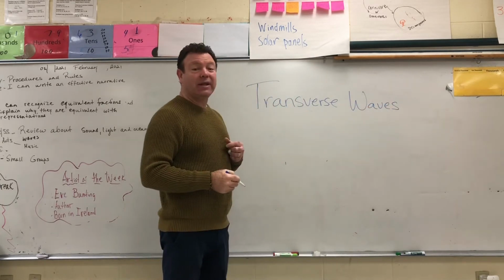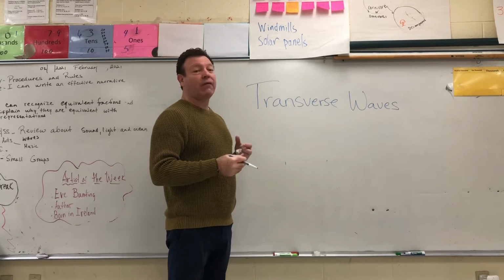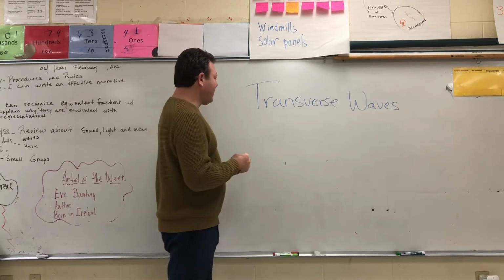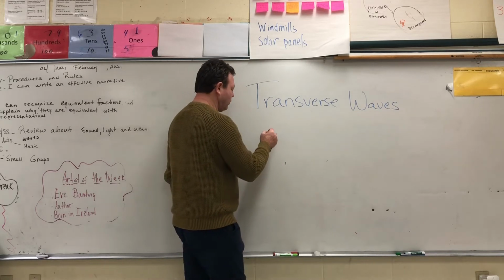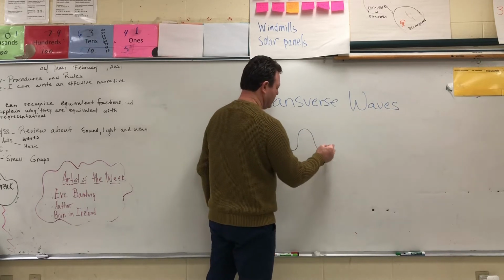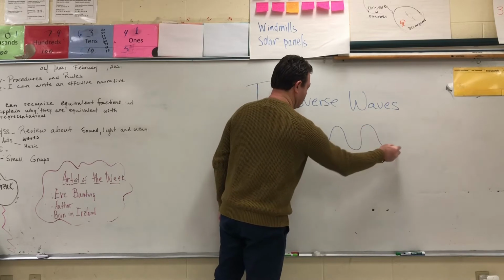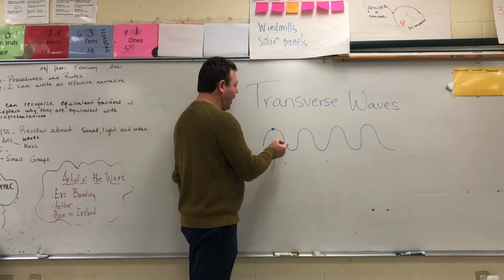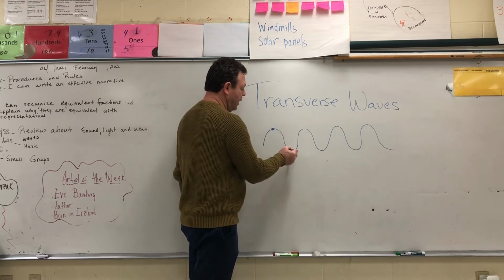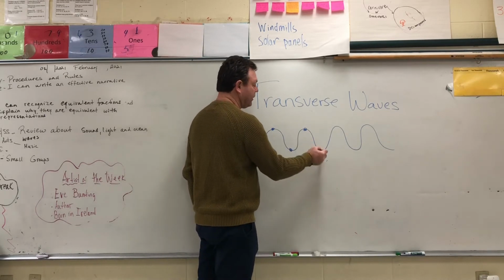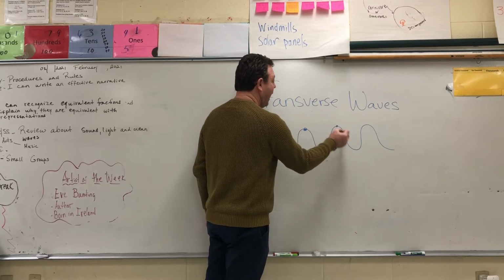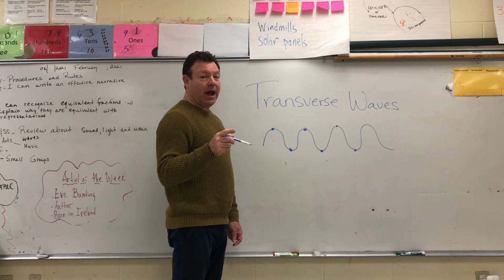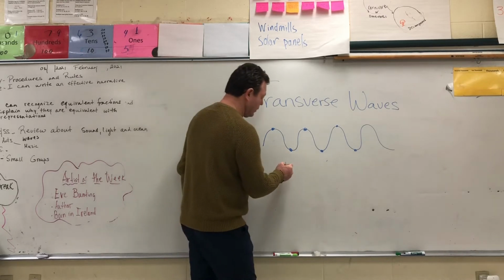Remember the word perpendicular? Like for example, light waves are transverse. The way that it works is, it looks something like this. And the particles are going up and down, up and down, up and down. But the energy is moving like this.